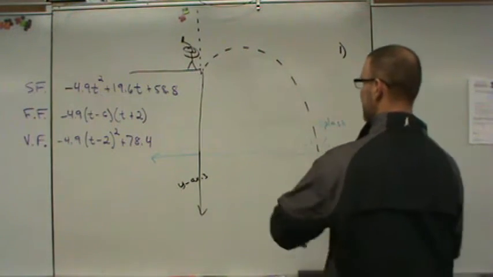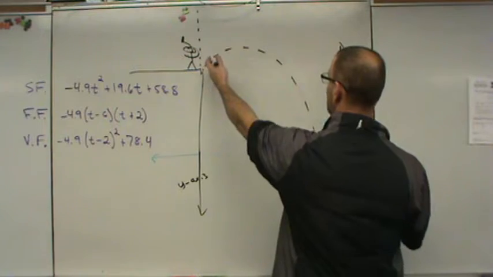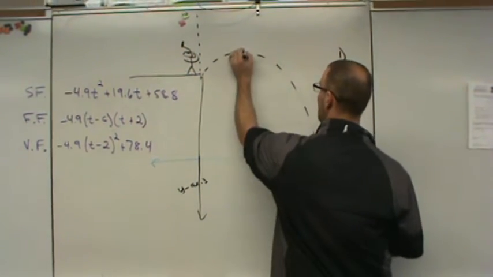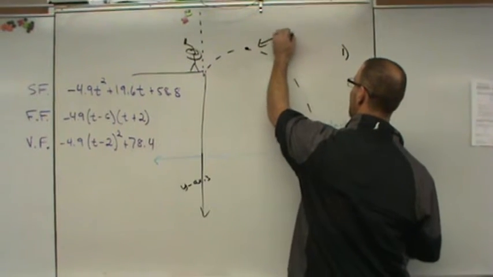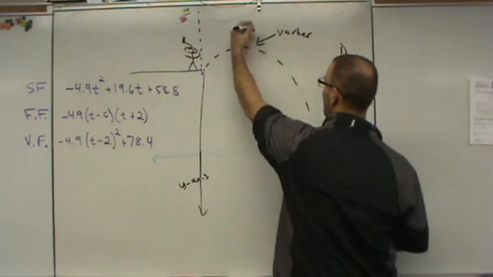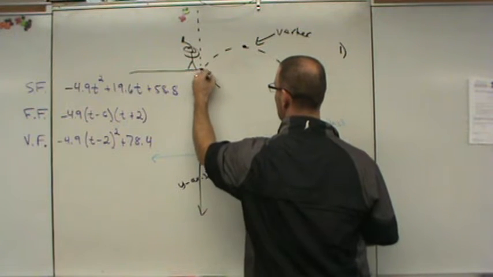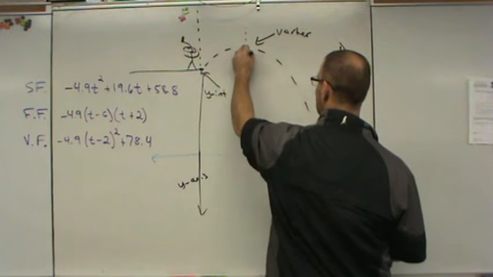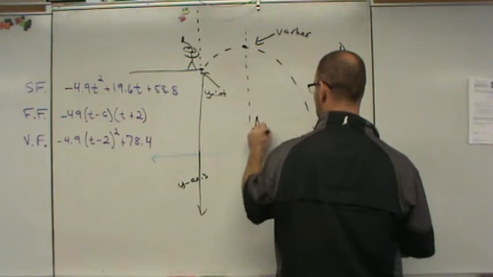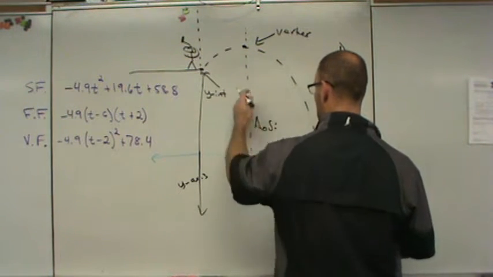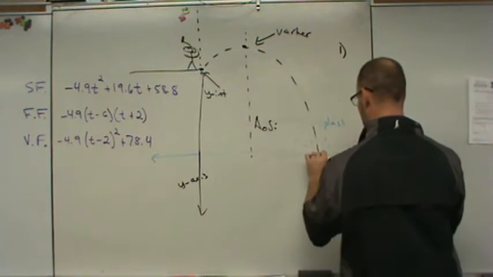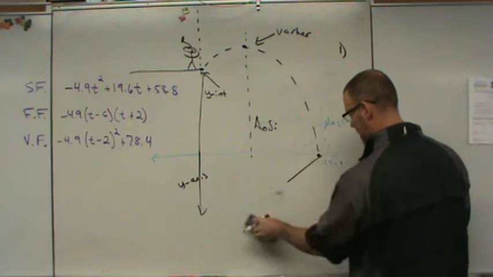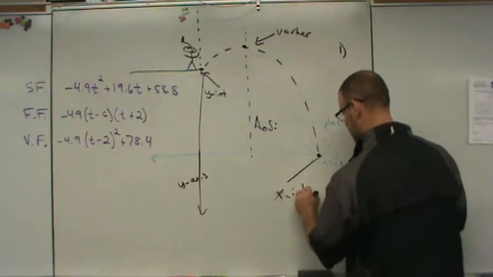Can we identify key features of, gee, this looks like a parabola? Yes, we can. And let's just start from the top down. I can identify a vertex. I can identify this point here, which would be a y-intercept. I can also identify my axis of symmetry. And if I continue down further, this point here would be an x-intercept.